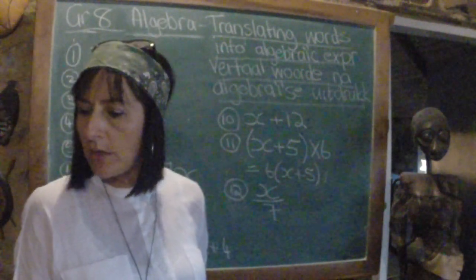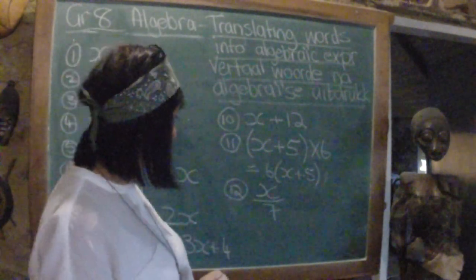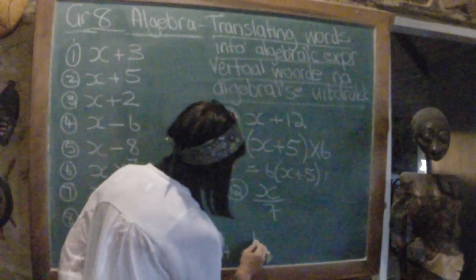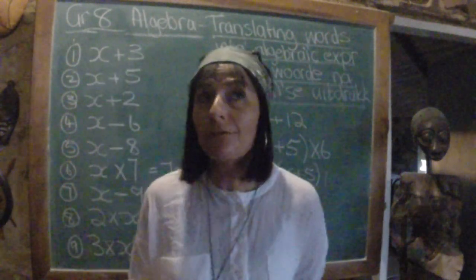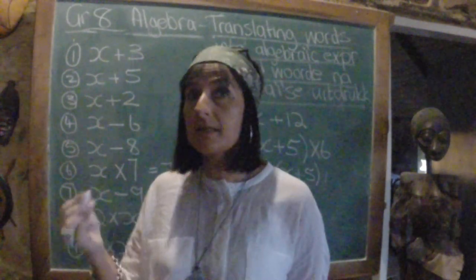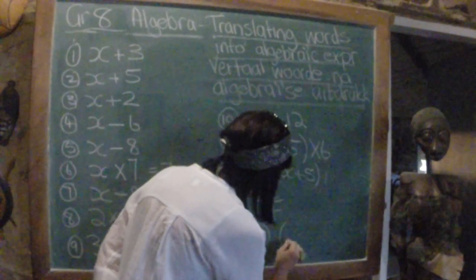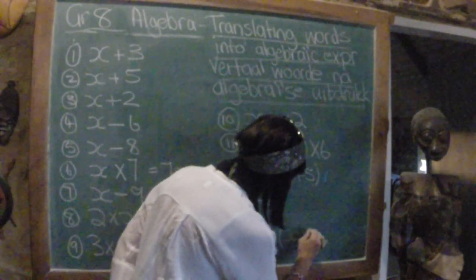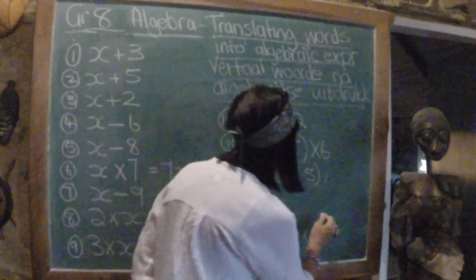And the last one, the square of the product of x and y. Let's get the product of x and y. Die vierkant van die produk van x en y. The product of x and y is going to be x times y, and after that I'm going to square it.